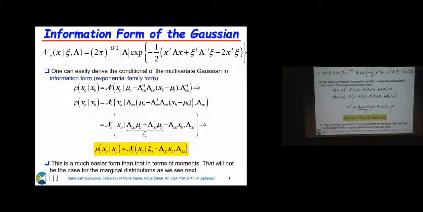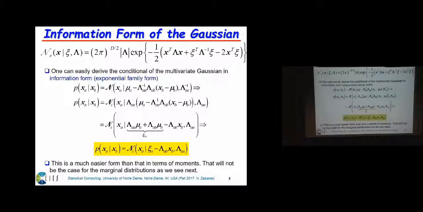So if you do the calculations and substitute in the form of xa given xb the canonical parameters, you get the equation on the bottom, which certainly looks much simpler than the second equation that you see on the slide.